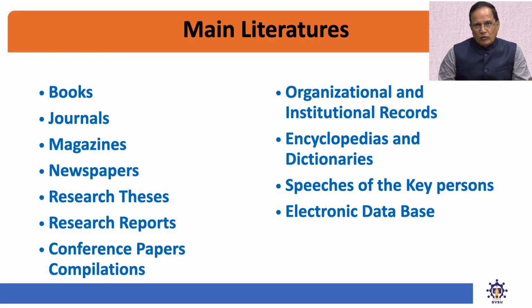Suppose someone wants to conduct the research in the management area of human resource management. So, there are different journals related to specific topics, specific activities, specific processes of human resource management. So, these kind of journals should be accessed for updating the knowledge, for finalization of the research problem.